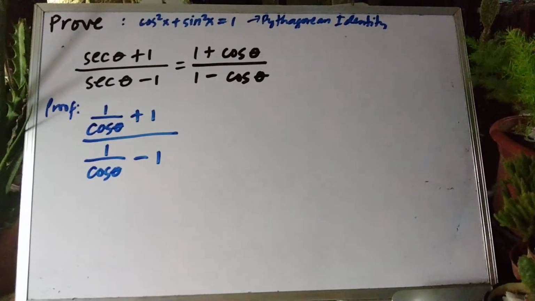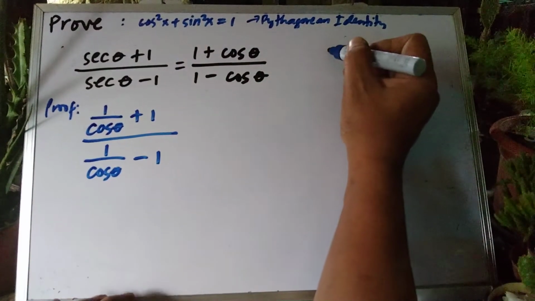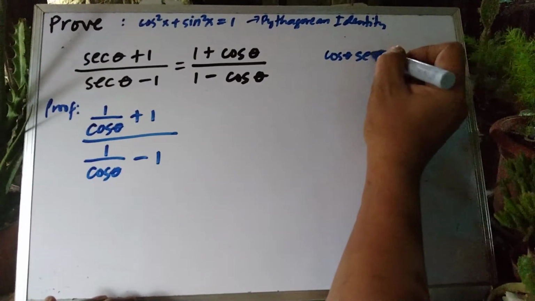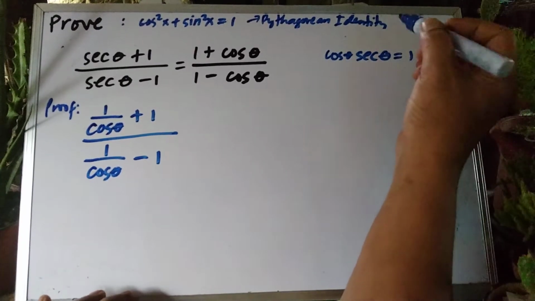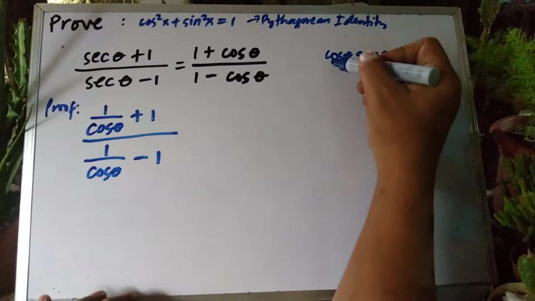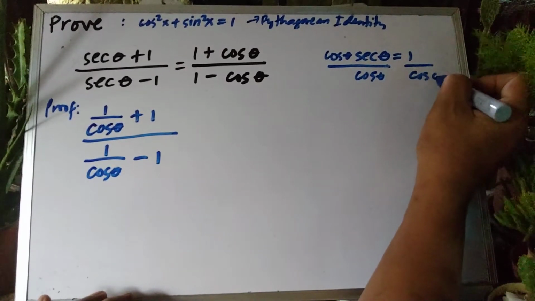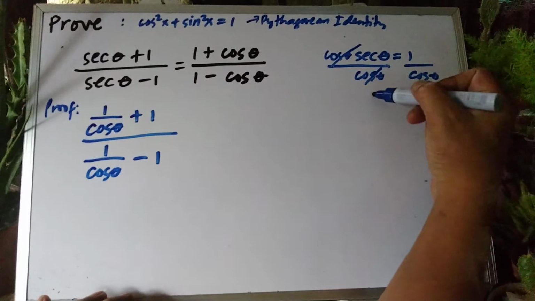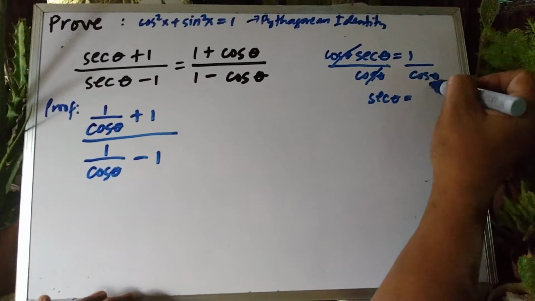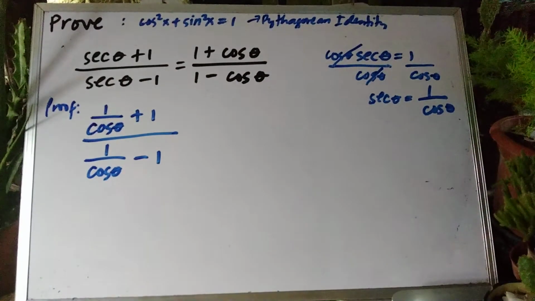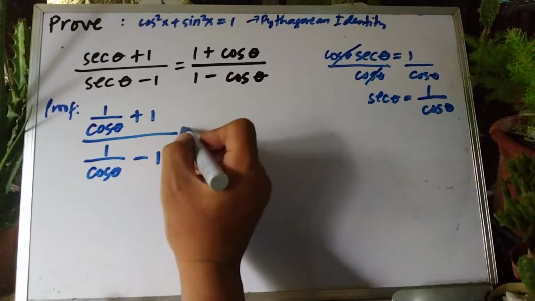Diba? Using the reciprocal relation, no? Kasi yun cosine theta secant theta is equal to 1. Okay? So, kung i-divide natin yan ng cosine theta, both sides of the equation. So, ibig sabihin, si secant theta daw is just equivalent to 1 over cosine theta. Correct?